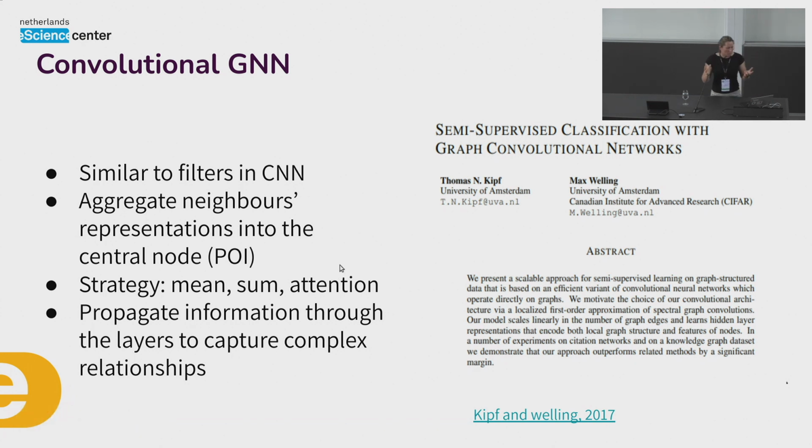And there are different strategies for summarizing data. It could be mean, sum, attention, whatever. We use the mean one. And by constructing a deep neural network, we can propagate information through the layers and capture complex relationships.